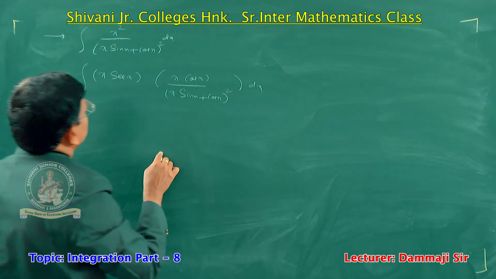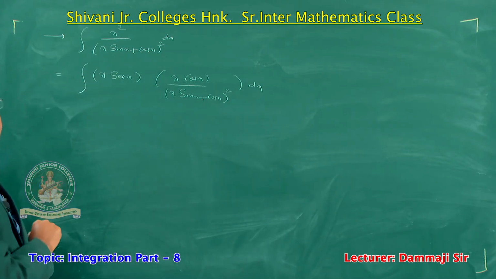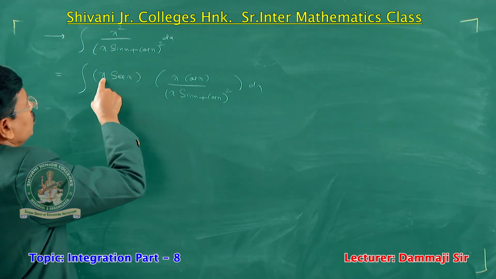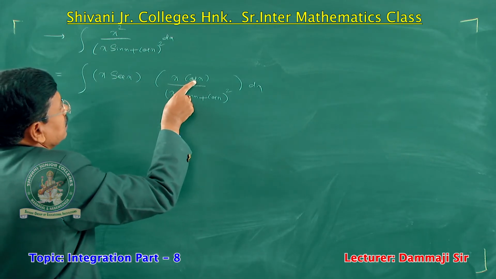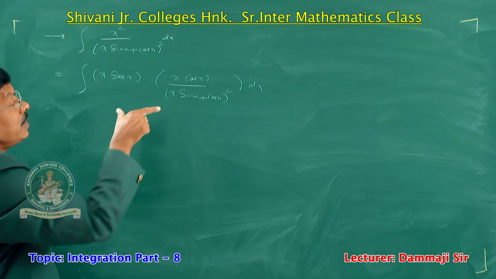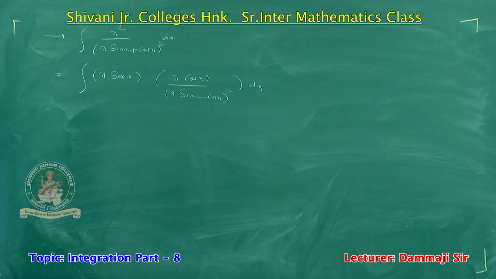Check: same denominator as it is, x into x square secant x cos x is 1. Should not change the principal value.